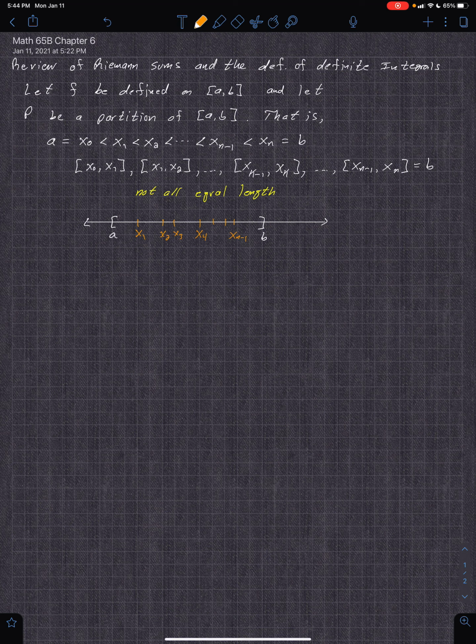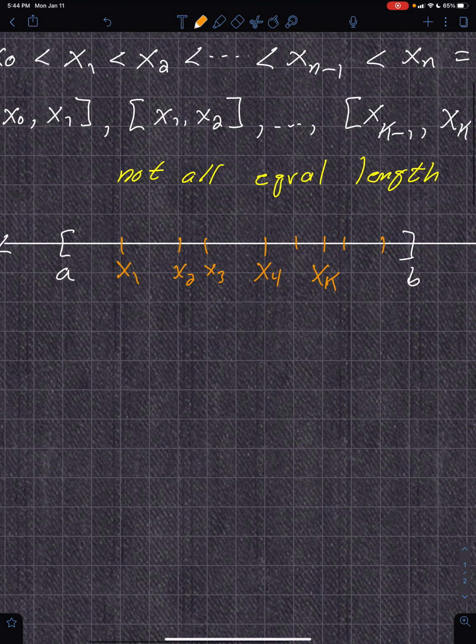Let's make the kth interval somewhere in here, with x sub k somewhere in here. Notice you don't have equal lengths of these subintervals. That's on purpose, because you don't want to take one and then infinitely break that one up. You want to take the whole thing and define the largest one to be the norm, and then break that up even more. We'll get to that in a second.